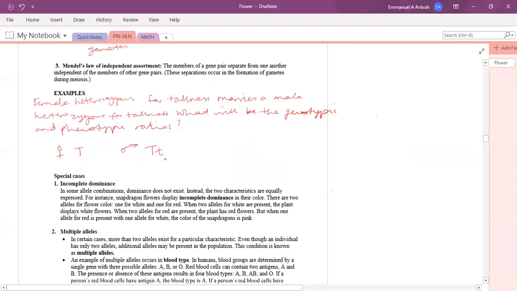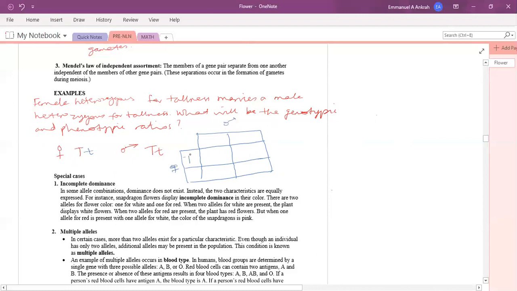All right. So the female is heterozygous, so it's uppercase T and then lowercase t, and then the male will be this. So the Punnett Square will look like this. If you had a female here, let's put male there.